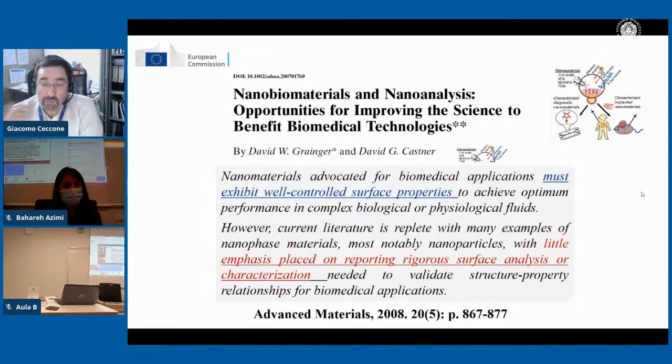Already in 2008, this review by Dave Grainger and Dave Castner demonstrated that a lot of papers didn't report any rigorous surface analysis and characterization to validate the structural properties of biomedical applications of nanoparticles.